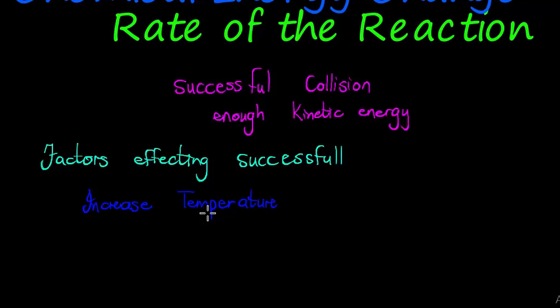When I increase the temperature of a reaction, or the temperature under which a reaction occurs, I am adding kinetic energy. This excites the particles, and they are moving at higher velocities, and therefore a higher kinetic energy. So the increase in temperature is converted into kinetic energy among the molecules.